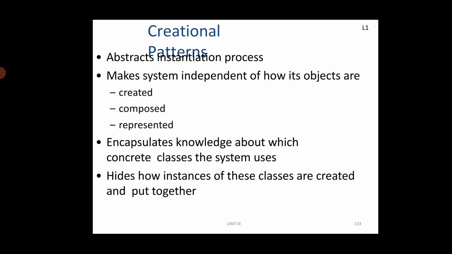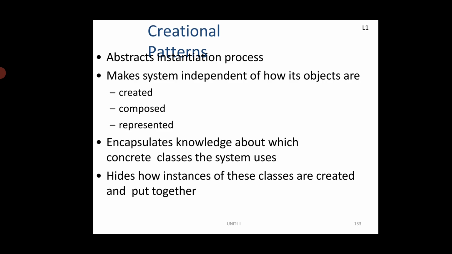They let you configure a system with product objects that vary widely in structure and functionality.